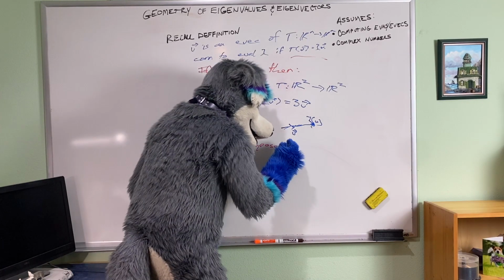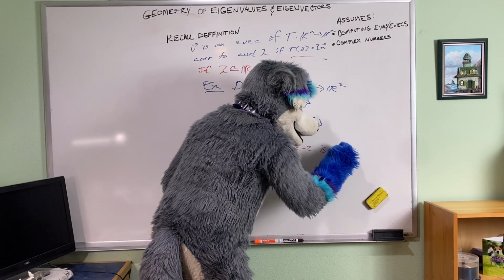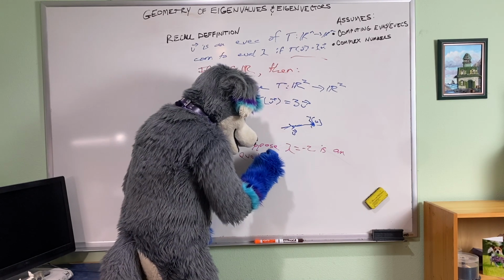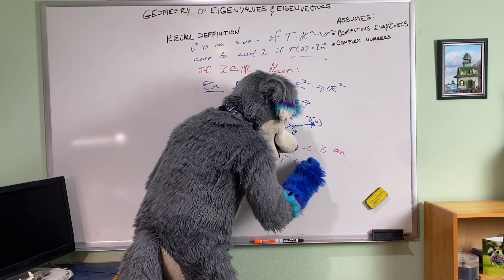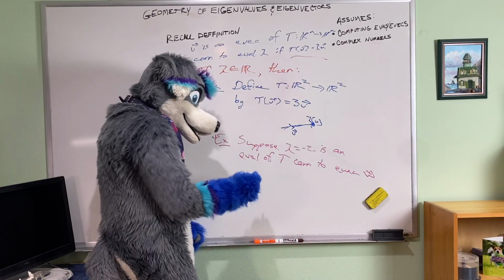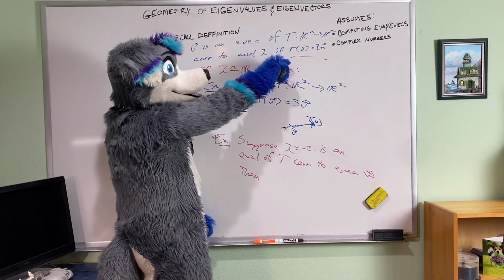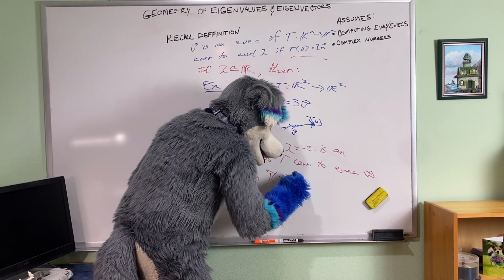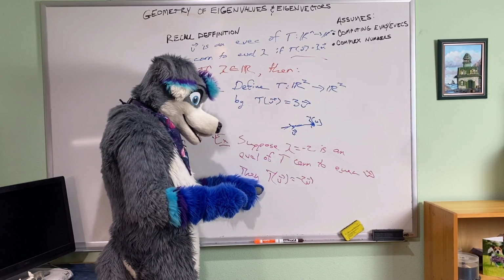Example, suppose lambda equals -2 is an eigenvalue of your linear transformation corresponding to some vector. We'll just call it v. Well, then in that case, just by definition, that means that T of v equals -2v. Then what's happening there?